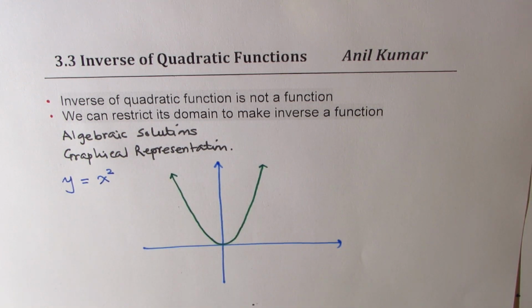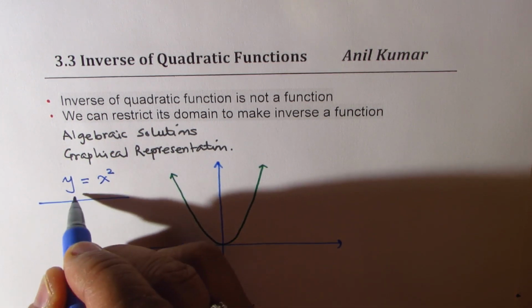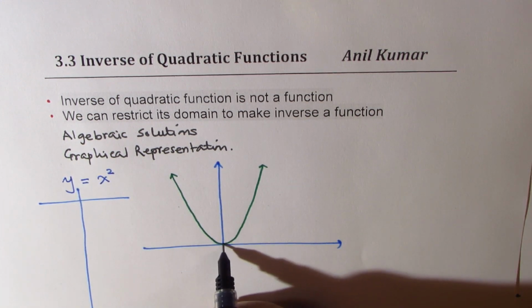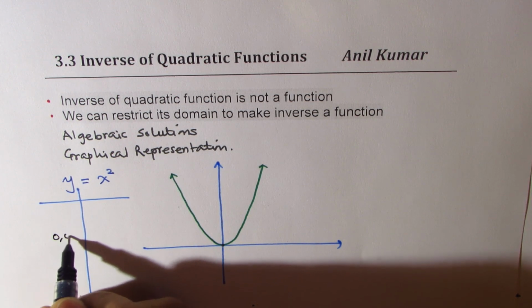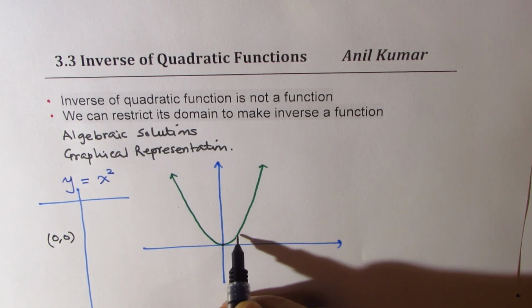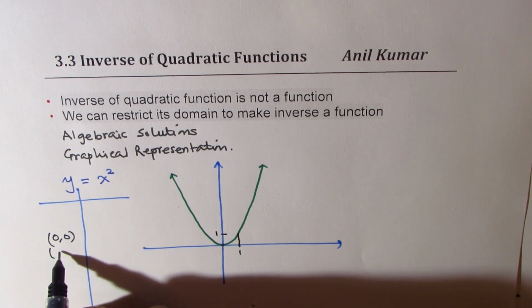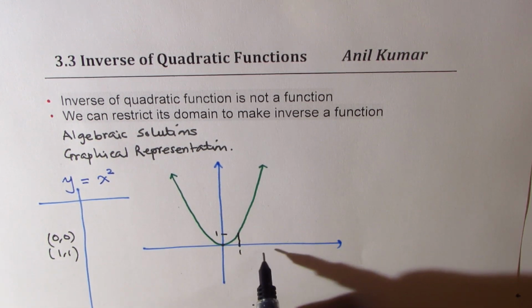So let's write down some coordinate points on this parabola. So we can just make a table of values here. It's always a good idea to work with table of values. So this point here is 0, 0. Then as we move forward, we have here point 1 and 1. 1 square is 1.